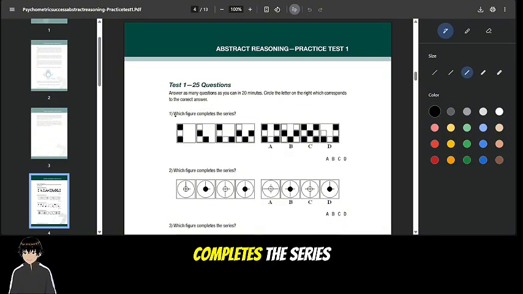So which figure completes the series? We have black, white, black, white, black. So it basically inverts every single time it adds a block. So from here, it should be, hold on.